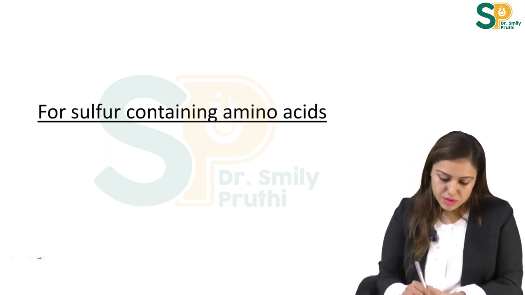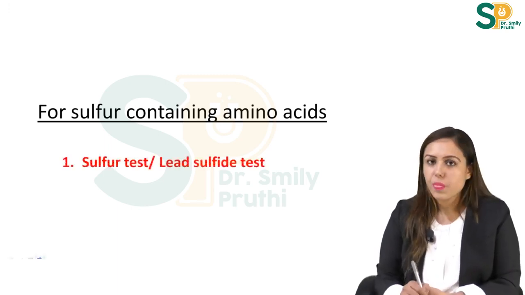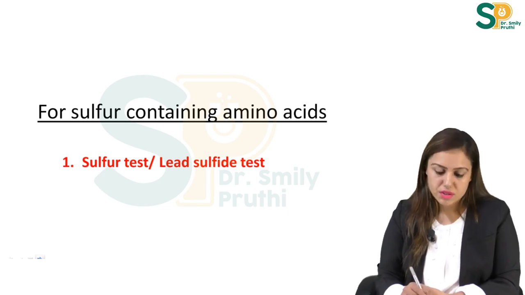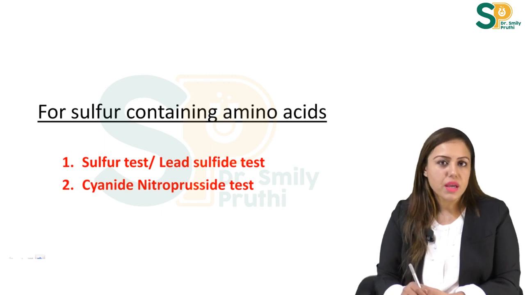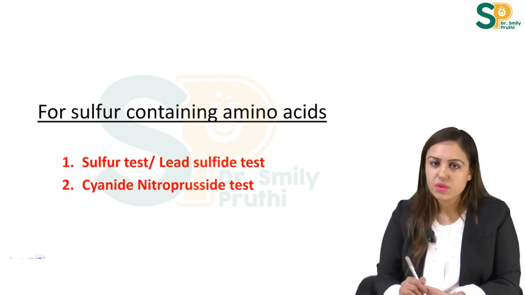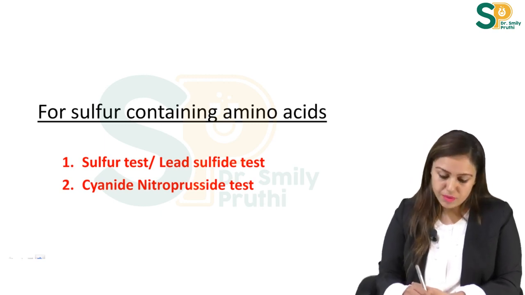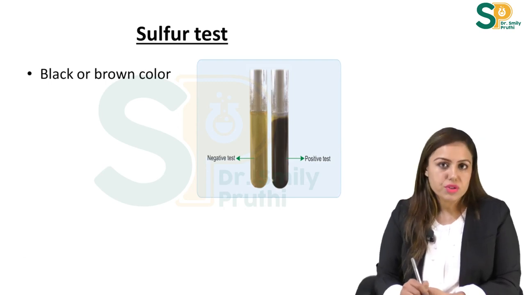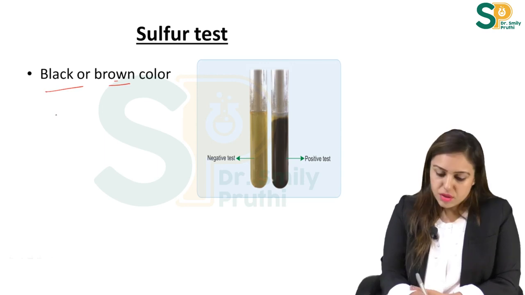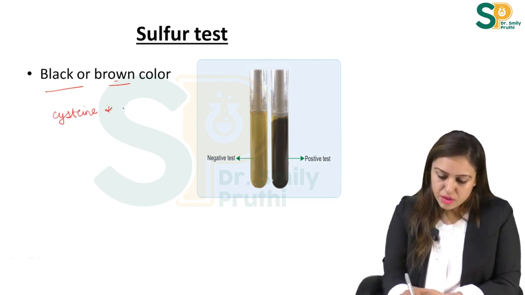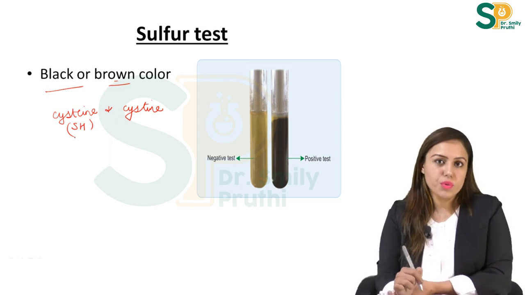One is the sulfur test or lead sulfide test, and the other one is CNT, the cyanide nitroprusside test. Let's take them one by one. One is the sulfur test. The positive test gives a blackish brown color. This is given positive by cysteine and cystine. Cysteine has a sulfhydryl group.